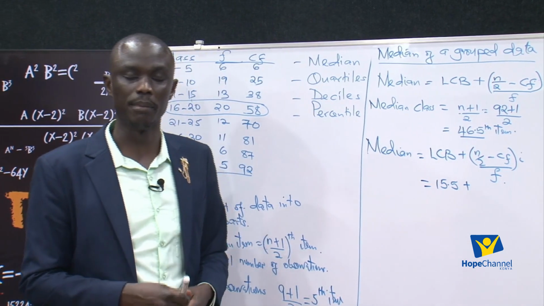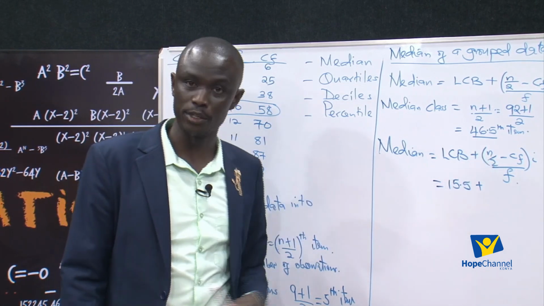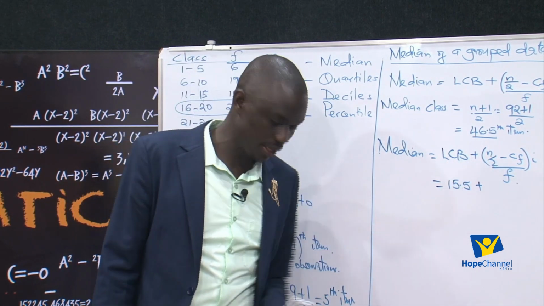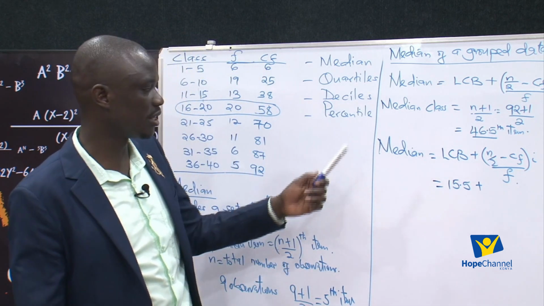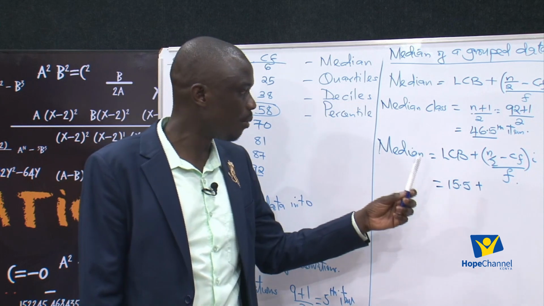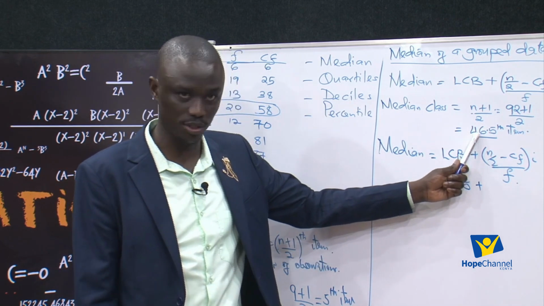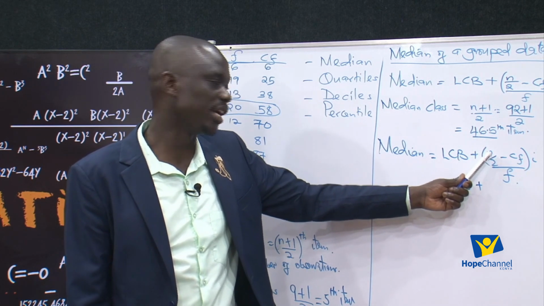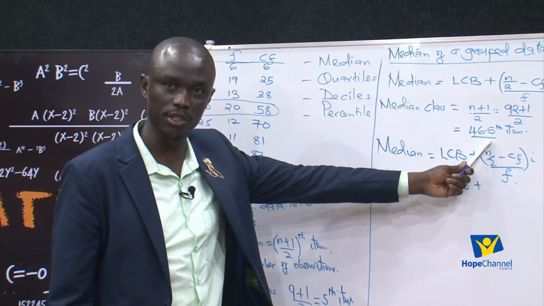Now, let me make this easy for you. This section of n divided by 2 is in this formula to help us know which item is in the middle. And because we have already worked it out, you don't need to say 92 divided by 2. Just pick that item you got there.